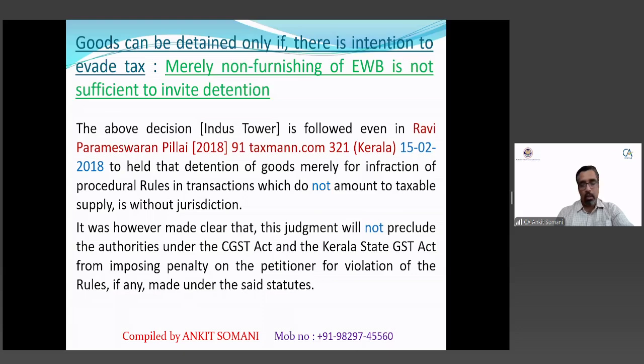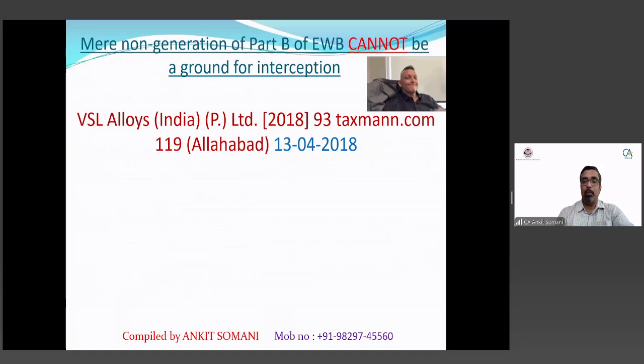And later on, as I already mentioned, Section 129 and Section 130 have been amended, and now no tax is being levied. Mere non-generation of Part B of e-way bill cannot be a ground for interception. Again, a very promising judgment, very relevant even in today's context. See, this happens many times, where you send your goods to the godown of a transporter, who keeps all the goods.